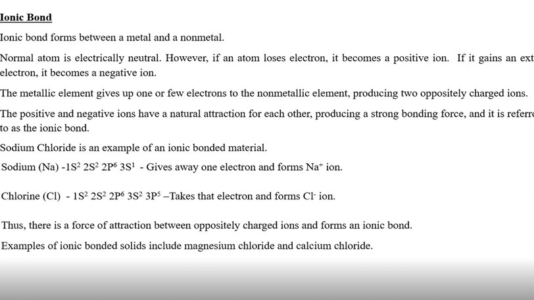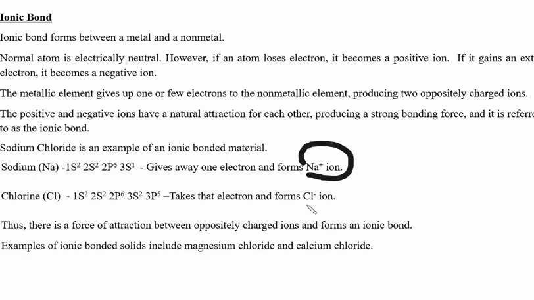We discussed that, right? If an electron moves away from the atom, it becomes positive. Then if someone gets an extra electron, it becomes negative, as with sodium and chloride, right? So sodium has one electron in the last energy level.